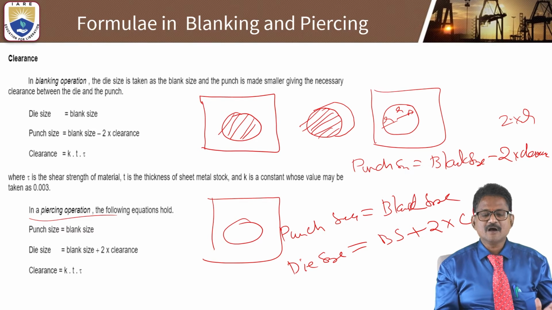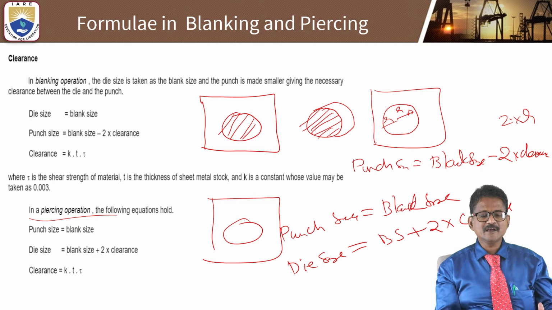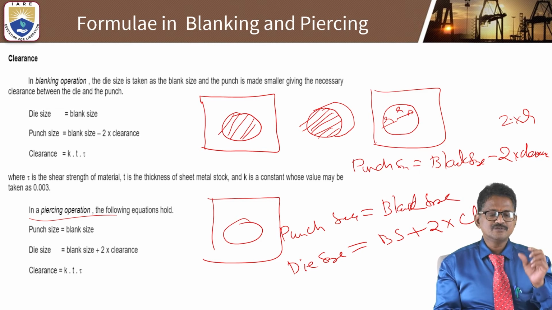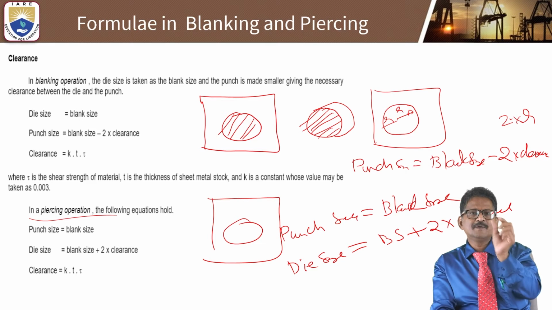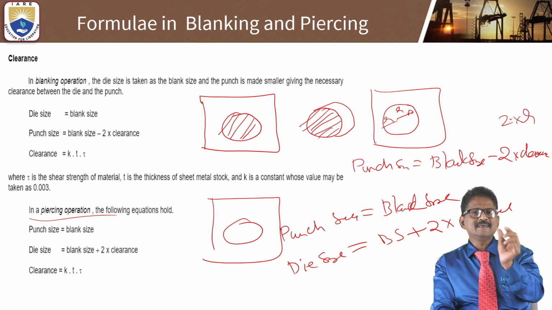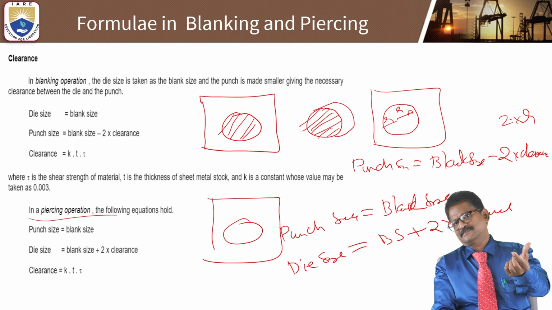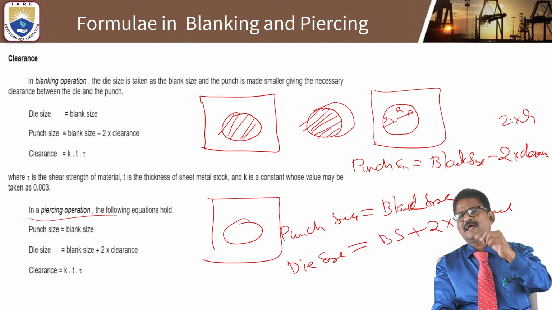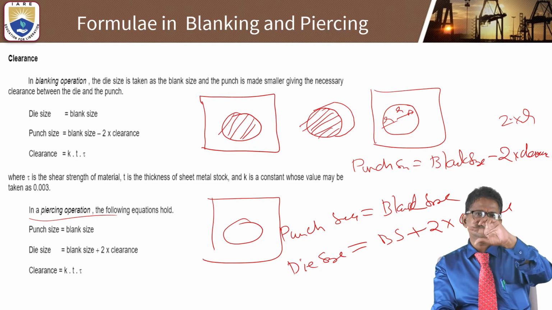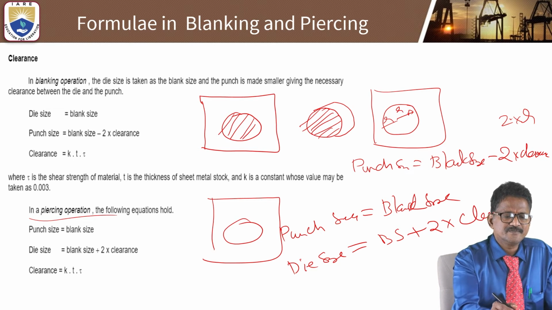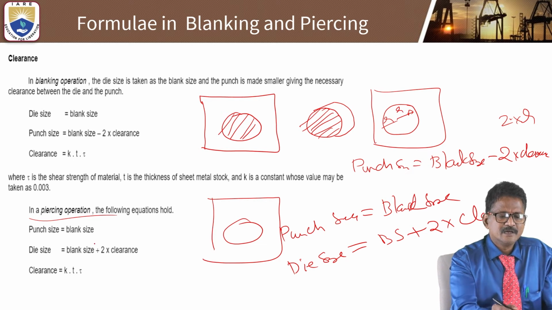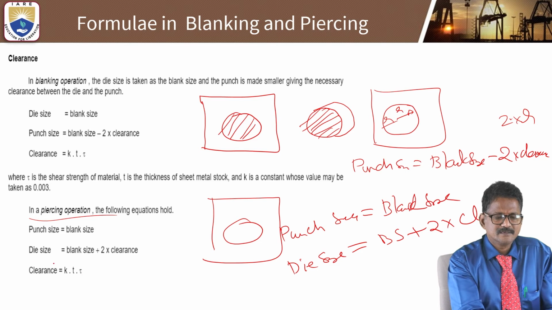In a blanking operation, to determine the punch size, we deduct the clearance. In a piercing operation, for the die size, you add the clearance so that making the hollow portion can be done easily. So here you can clearly see that the die size is the punch size plus 2 clearance.